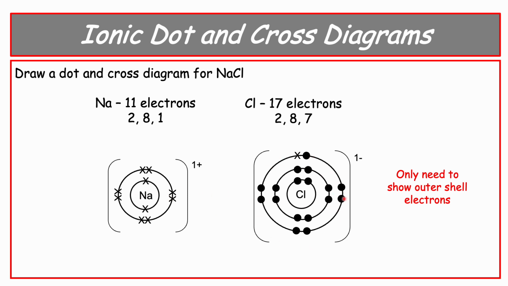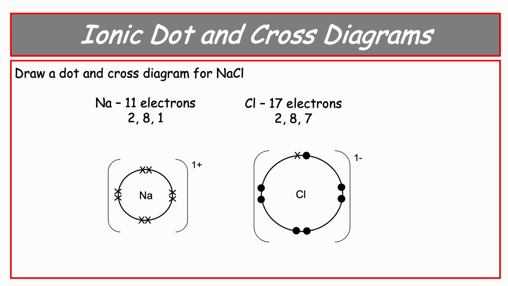So instead, you can just draw the outer shell electrons if you want. So instead of drawing the inner shell electrons, you could have just drawn it like this. And that's because it's only the outer shell of electrons that take part in bonding. So it's only these electrons that are actually involved. You won't lose any marks if you draw the inner shells, but you can just draw the outer shells instead.